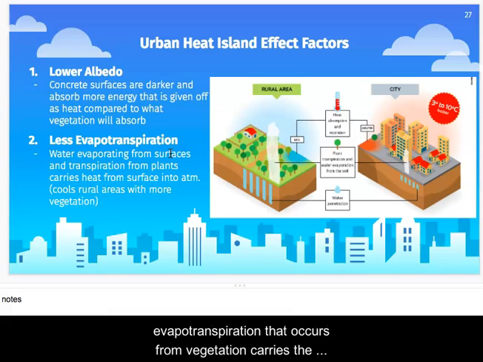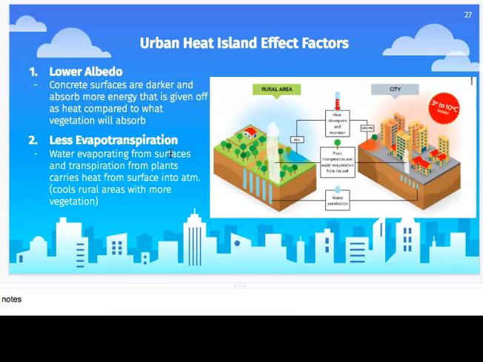Well, the evapotranspiration from vegetation carries the heat out of the surface and into the atmosphere, so it helps cool down those areas. And that's something the city doesn't have. So again, the city ends up being 3 to 10 degrees hotter because of this heat island effect. Those are two of the main causes or drivers of that.